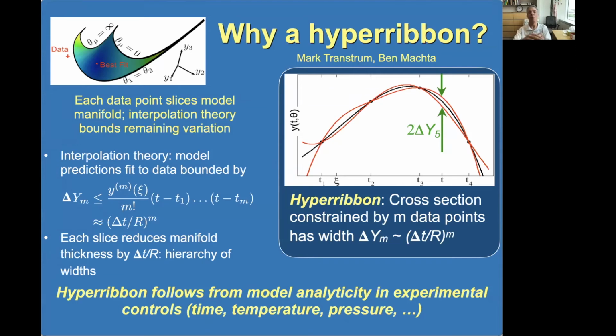So in this simple one-dimensional function of time, as opposed to a many-dimensional function of all control parameters, you can see that adding more data points gives you closer and closer ranges, and that corresponds geometrically to a hyperribbon. Every time I add a new point, I slice the manifold in a new direction.